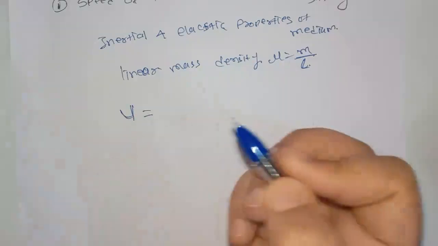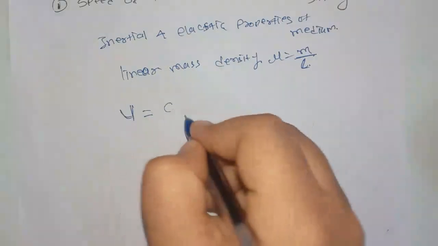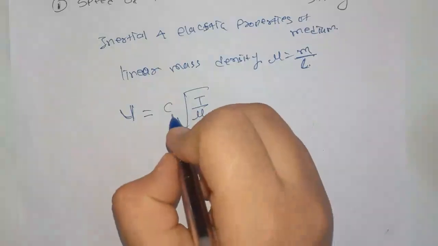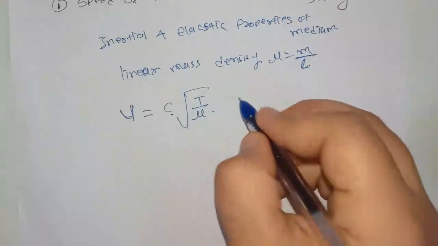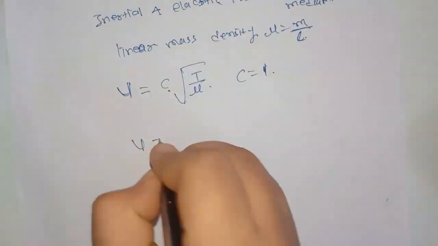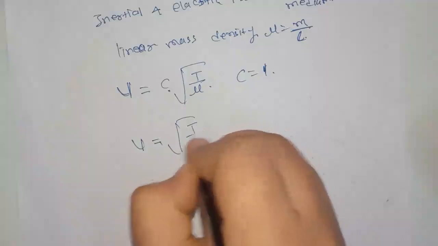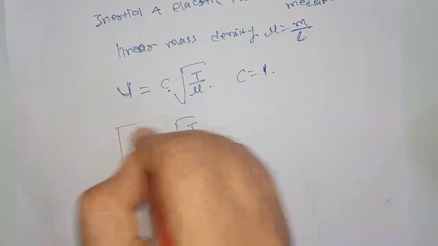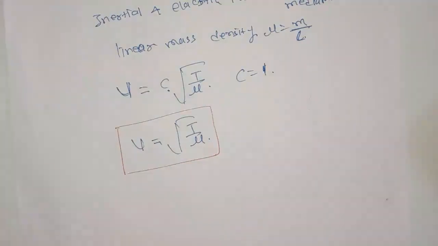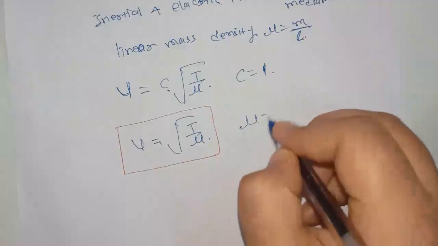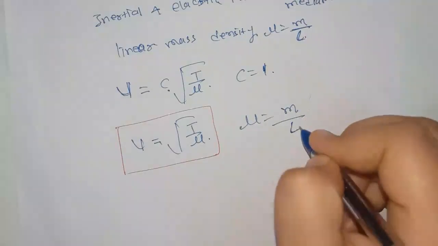Speed on a stretched string is c under root T by mu. Here c is a constant. For the exact formula, c is equal to 1. So v is equal to under root T by mu. This is the speed of transverse wave on a stretched string. Here mu is the linear mass density, that is mass per unit length.